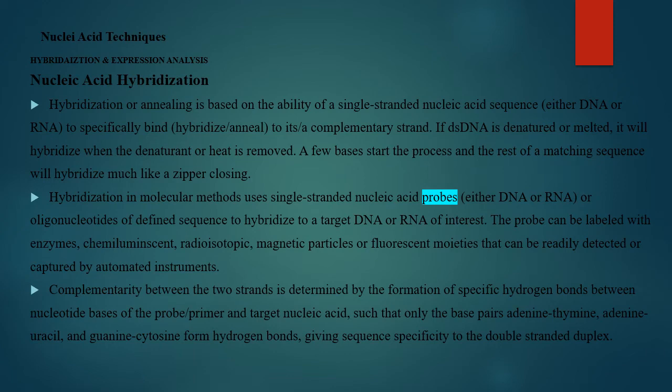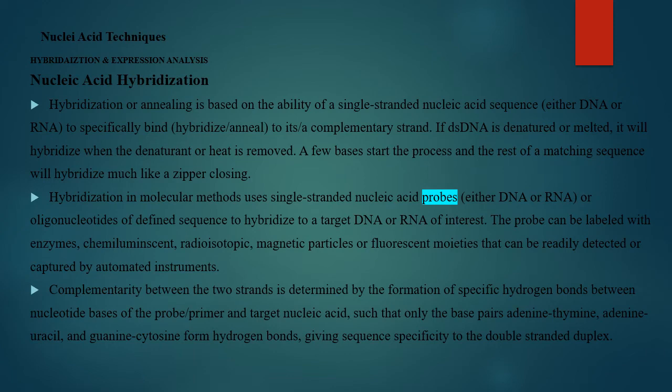Now the probe can be labeled with enzymes, chemiluminescent, radioisotopes, magnetic particles, or fluorescent moieties that can be readily detected or captured by automated instruments. So you want to find out which name combines with adomako. Then you realize that quabia is a perfect combination to adomako.